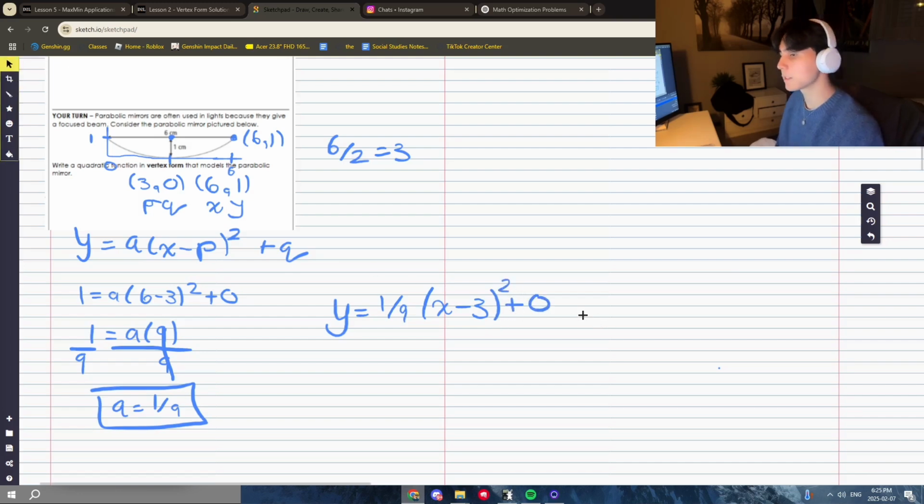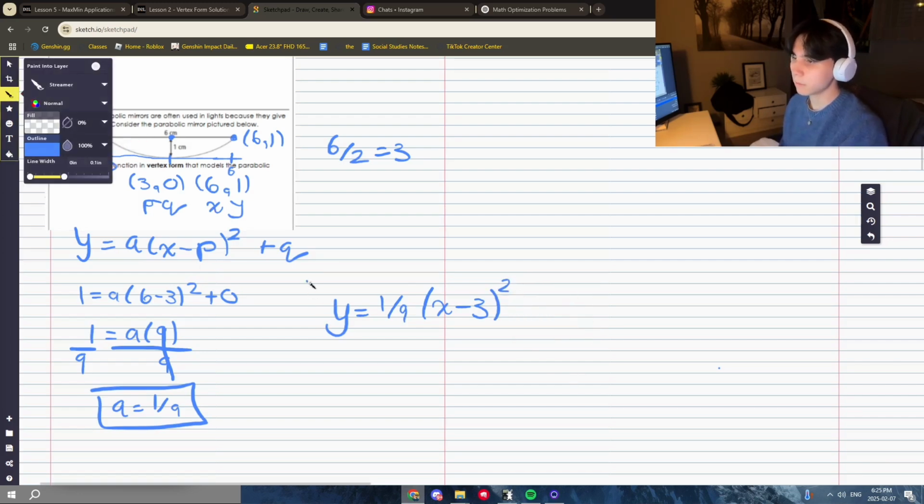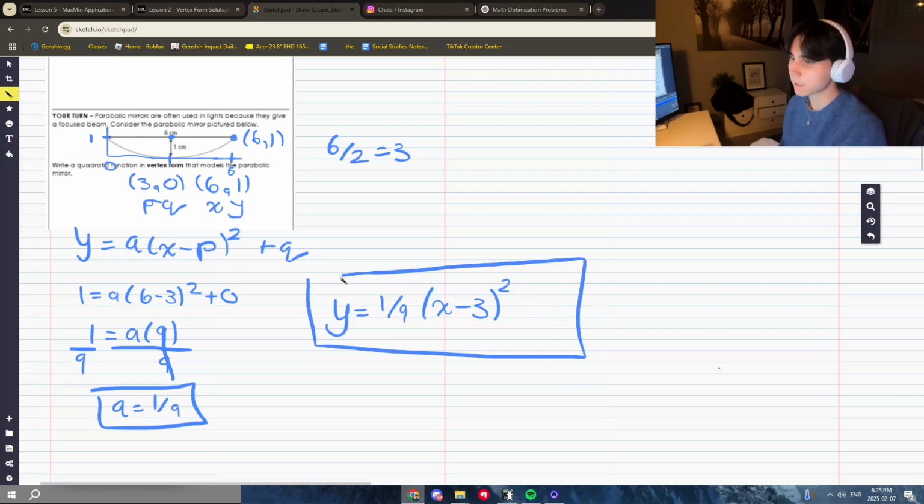And since we're adding 0 onto the end, we don't actually have to write that. So our final equation here is y equals 1 over 9, x minus 3 squared. Again, you can plug that in your calculator and test if it creates a similar graph with similar points. But due to time constraints, I'm not going to do that right now. But that is correct, so yeah.